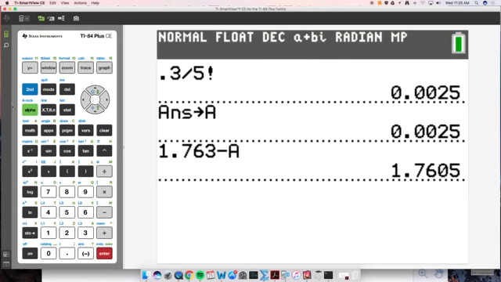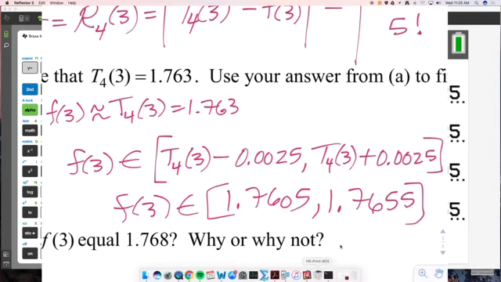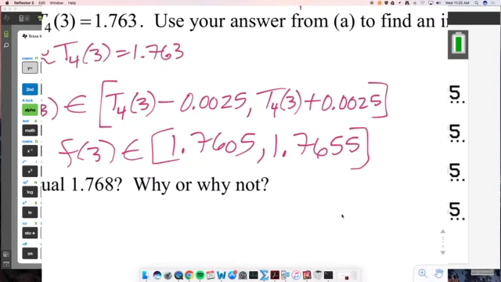And then we just add it to get the upper bound of our interval. Kind of has a margin of error feel from statistics, 1.7655. The only difference is margins of error have confidence intervals. We are 100% confident now. We are 100% confident that whatever the actual value is for f of 3, it's going to fall between those two numbers.